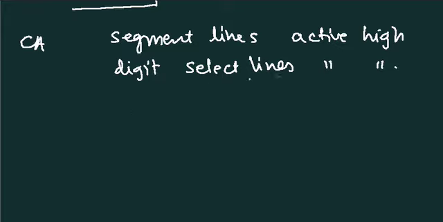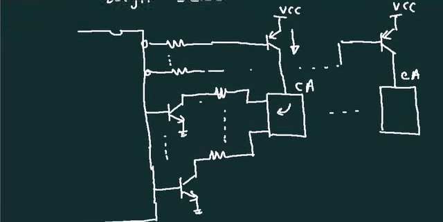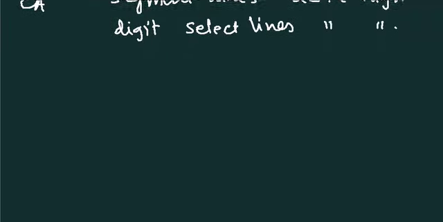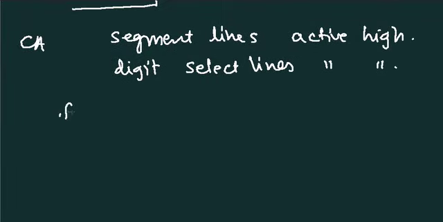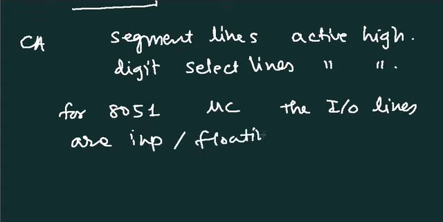Now, though this case is fine to write, this is not an appropriate case for 8051, because for 8051 or even for many microcontrollers, the IO lines are input and floating when the power is switched on.